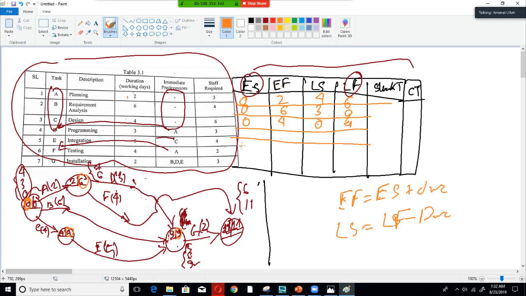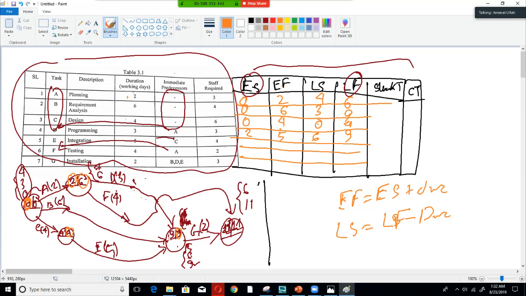For D, where's D, for D the ES will be this 2 and the LS will be this 9, so this will be 9, and 2 plus 3 this will be 5, and 9 minus 3 this will be 6.